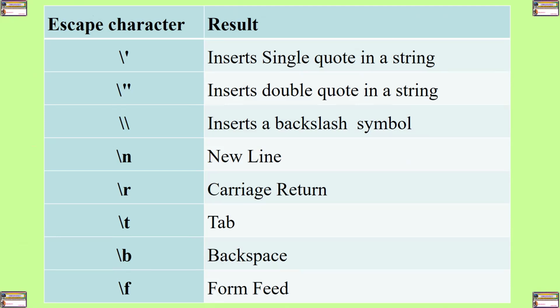Backslash r indicates a carriage return, like the enter key. Backslash t is a tab. It creates tabs between strings. Backslash b performs the work of a backspace. Backslash f performs the task for form feed.